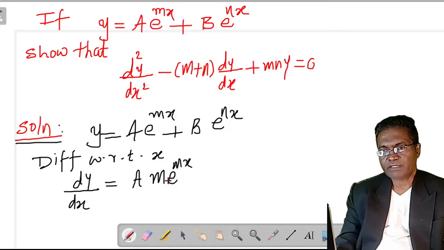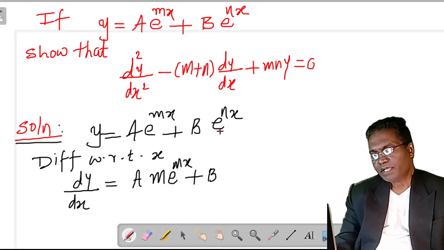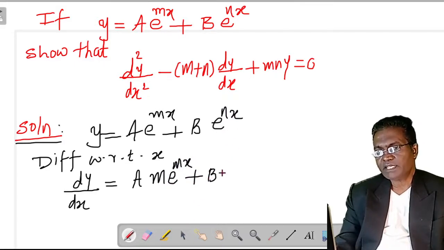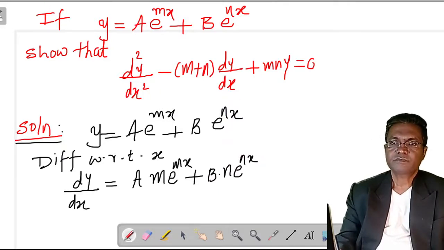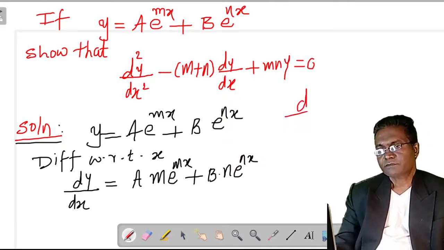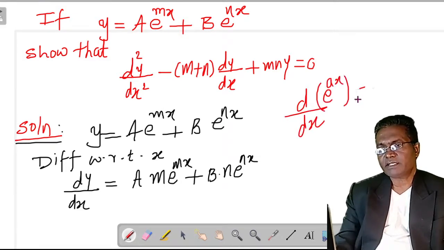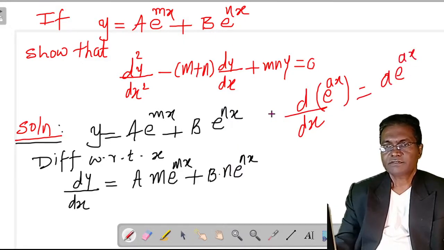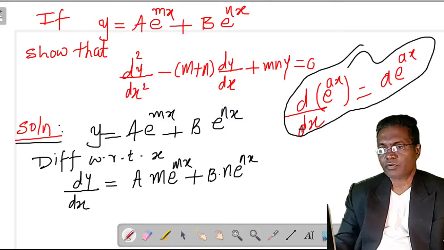Actually what happens, derivative of e power mx is e power mx and derivative of mx is m, so better you can write in the beginning. Similarly, b into derivative of e power nx is n e power nx. Note on this, d by dx of e power ax can be directly written as a e power ax. So better you note.